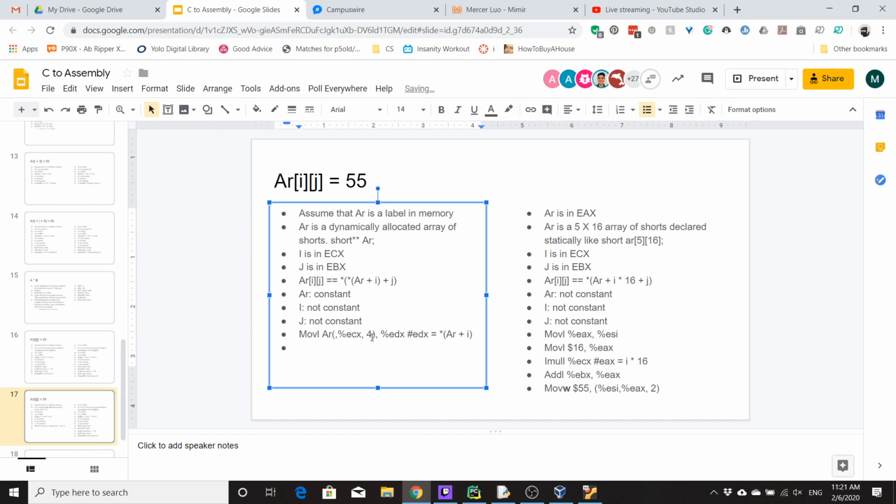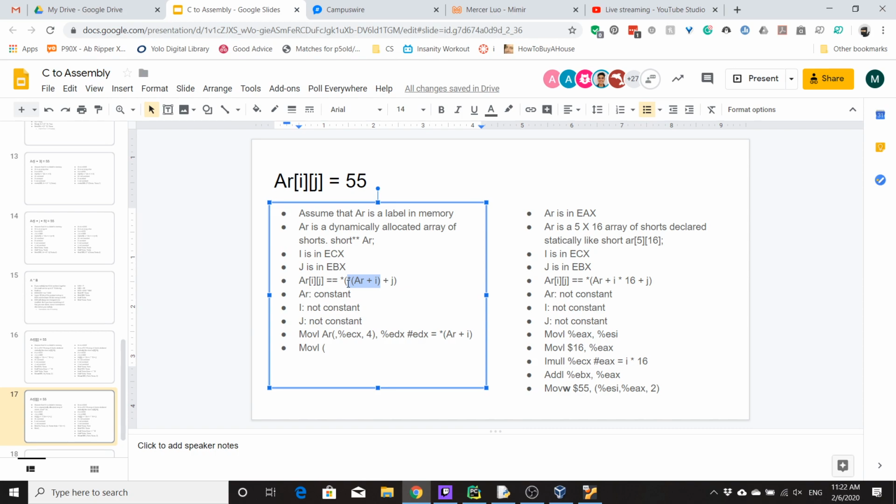So now how can I do the rest of the expression? movl, parenthesis, what goes here? This guy right here is EDX. So I need to do EDX plus J dereferenced.